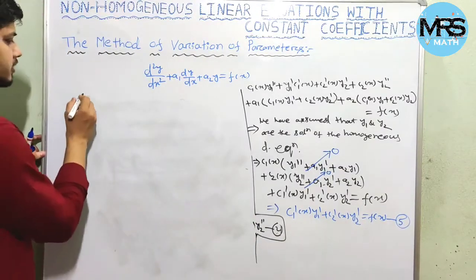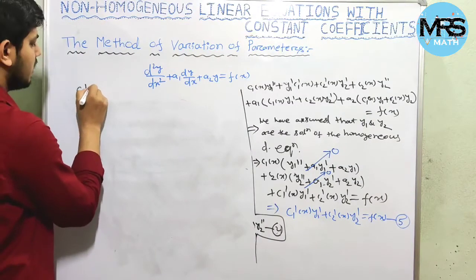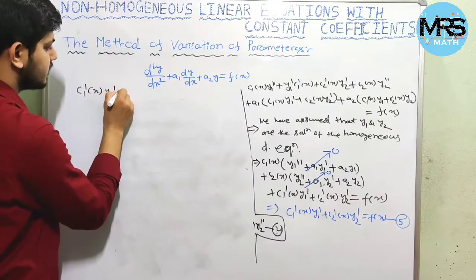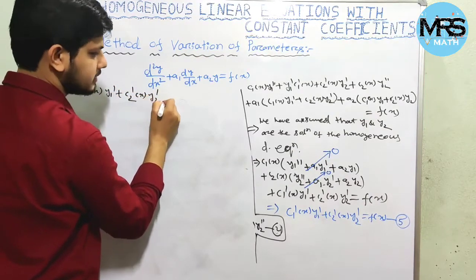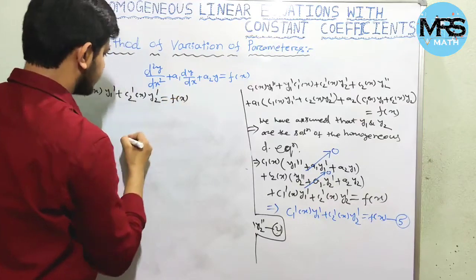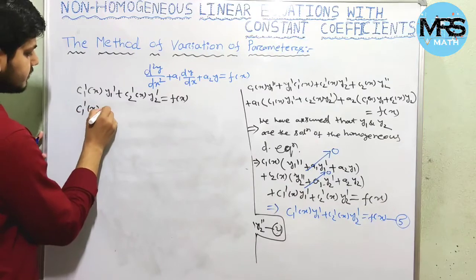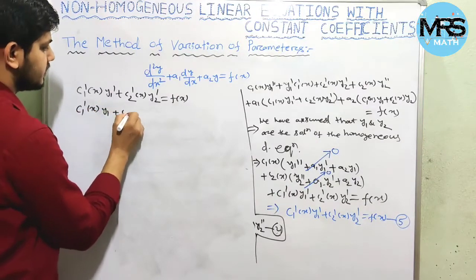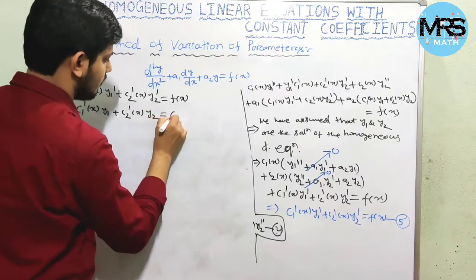So we can write the two equations, that is c1 dash x y1 dash plus c2 dash x y2 dash is equal to f of x, and another equation is c1 dash x y1 plus c2 dash x y2 is equal to 0.